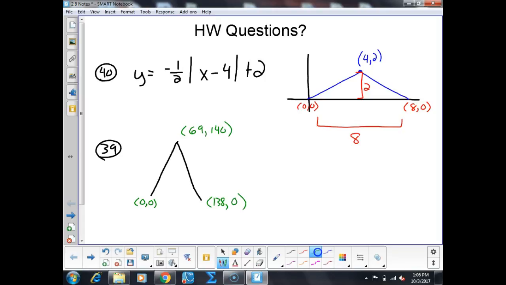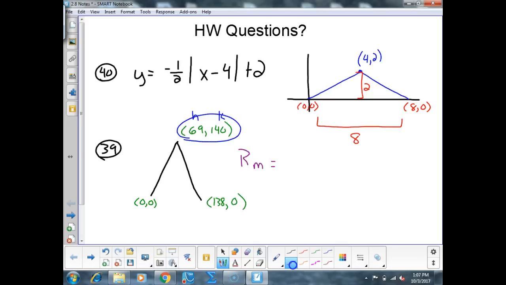Okay? So this point up here is important because that's my h and that's my k, because that's the vertex of the function, right?